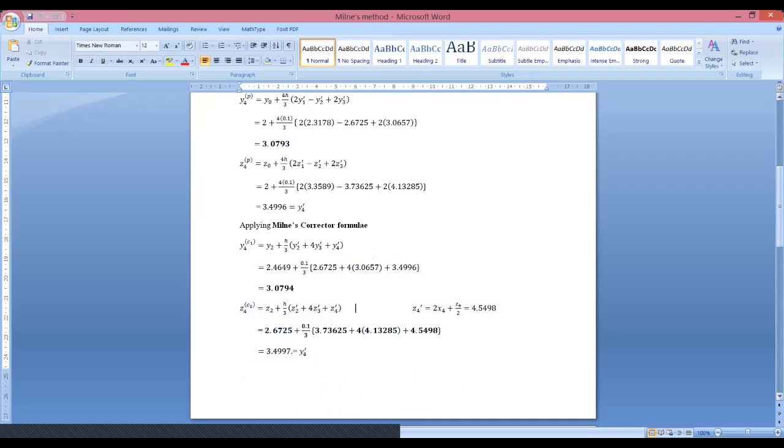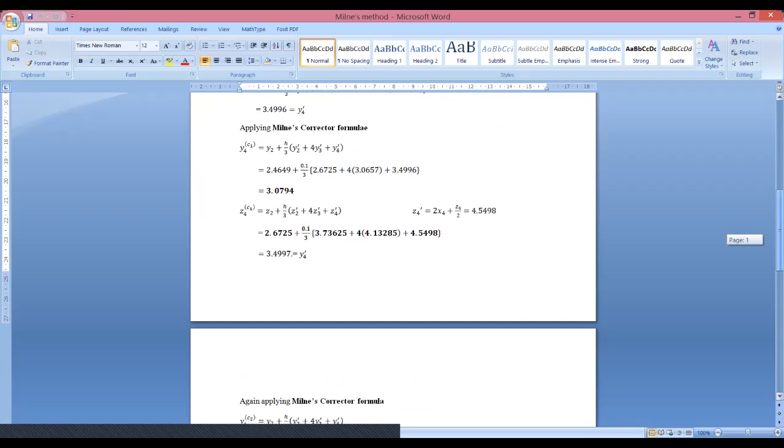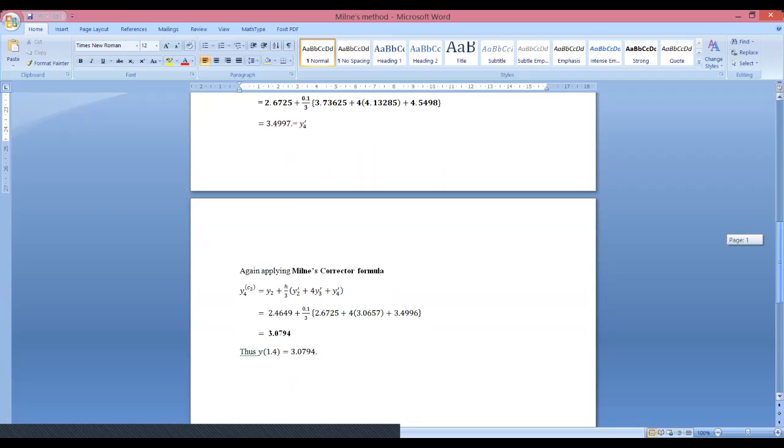Now we go for applying Milne's corrector formula once again. So y4 c2. Instead of writing c there, c1 is for first correction, c2 for the second correction. This formula goes as before only, same it is. Only thing that changes is y4 dash, because whatever new y4 dash value that we have got, that will be substituted in this.